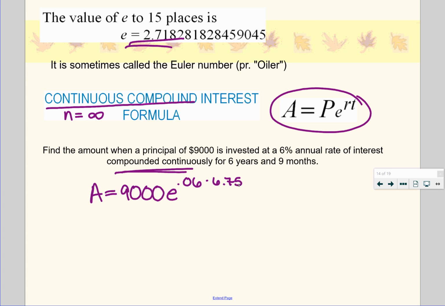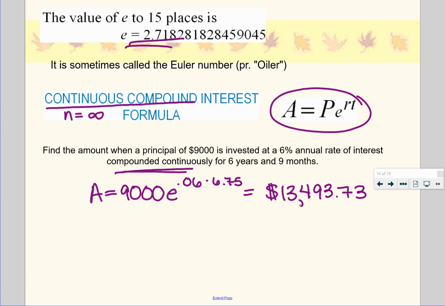Again, the E button is above the division key that you're looking for there. Two decimal places to the nearest penny, 13,493.73.